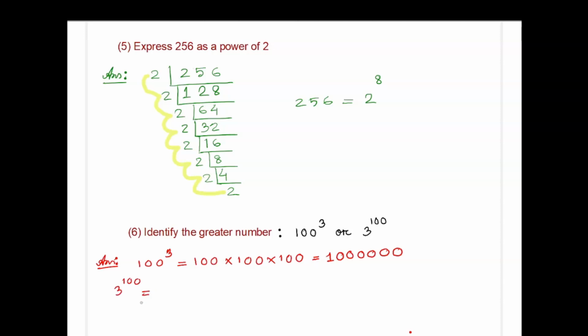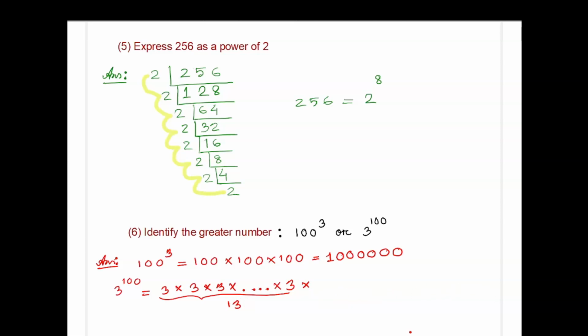So 3 to the power 100 means 3 is multiplied how many times? 100 times. If we first multiply 3 13 times, then out of 100, how many times are left?